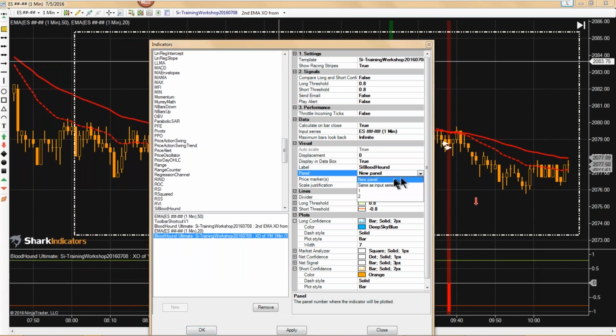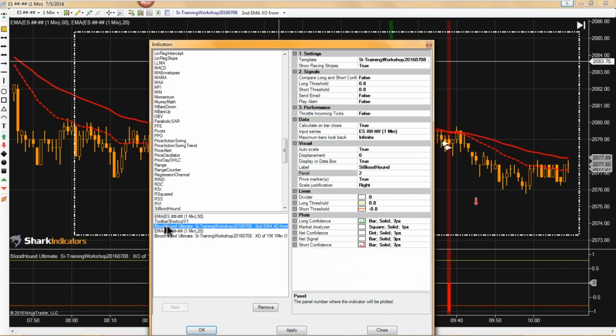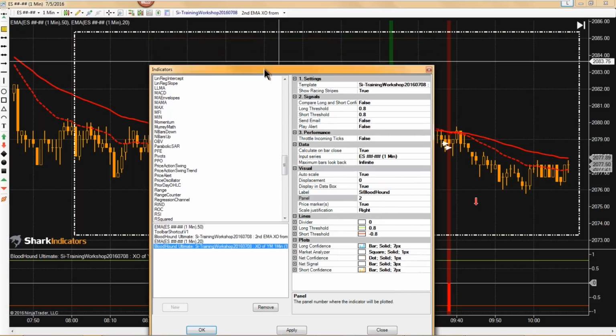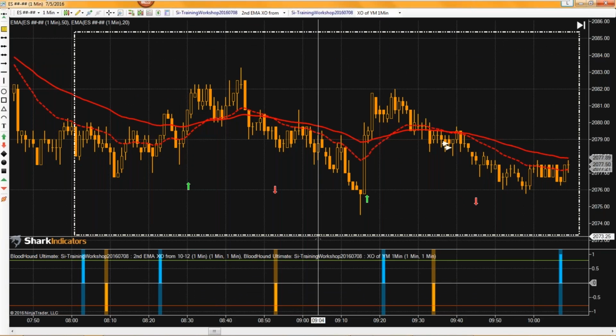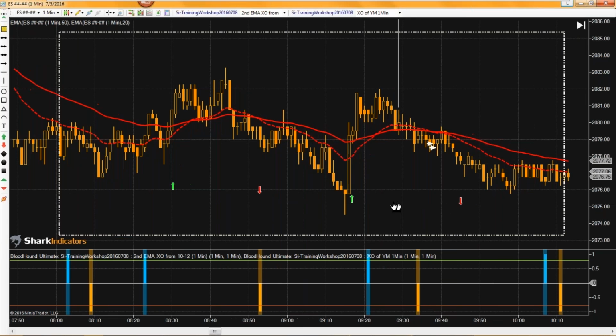And so we can put both BloodHounds on the same panel. So I'll put this BloodHound on panel 2, and this other BloodHound also is on panel 2. So both BloodHounds are on panel 2. Let's click OK. And there we go.